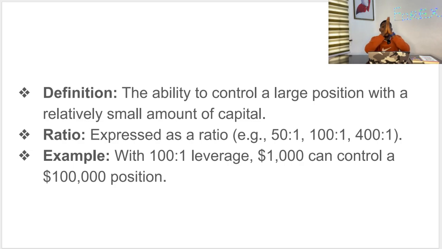Just imagine one man standing in for 50 people, or 100 people, or 400 people. For example, with 100 to 1 leverage and $1,000, you can control $100,000, because with 1 you are standing in for 100.